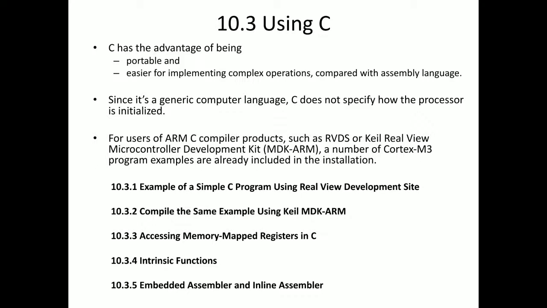We'll take the example of blinking an LED and execute that in the RealView development suite for ARM using ARM based tools. We compile that using Keil MDK-ARM, and we also map the memory registers, and we'll try to see what intrinsic functions are, and what embedded assembler and inline assembler are.